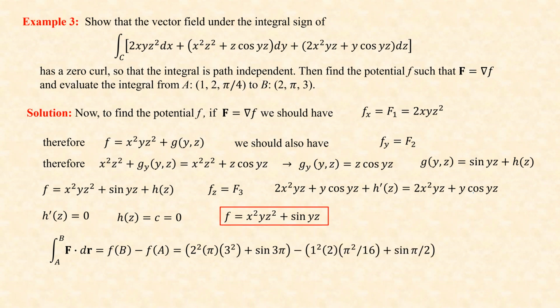This minus 1 squared times 2 times pi over 4 squared, so pi squared over 16, plus sine of 2 times pi over 4, which becomes pi over 2. So this becomes 36 pi minus pi squared over 8 minus 1, which is 110.8. All right. Any questions?